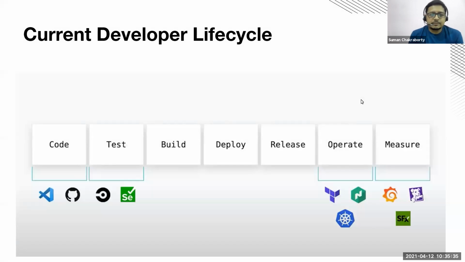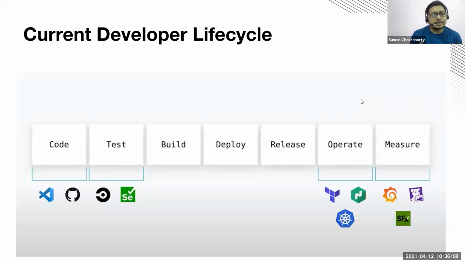So to start with, let us see what the developer lifecycle looks like. If we see, we can broadly categorize the lifecycle workflow into steps or stages, as you call them. It starts where the developer comes and writes their source code, which is where they get their code into the platform.